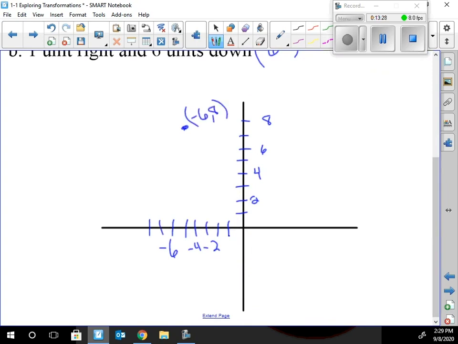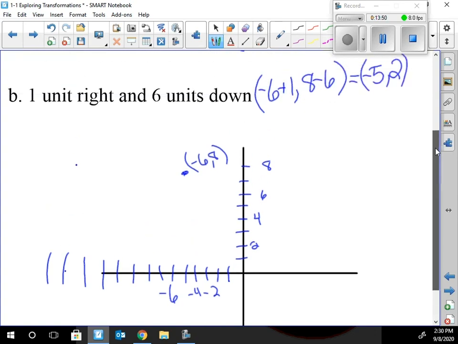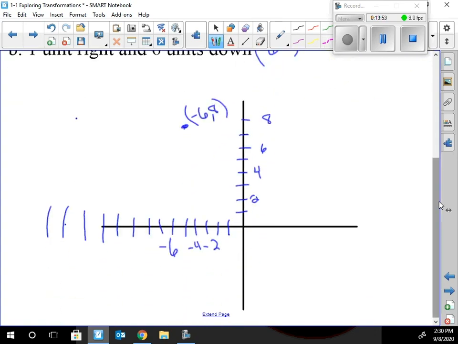That means I have to continue my lines over. So it's -7, 8, 13. So I went 7 units left. And then down 2 from this point. So I'm going to come down from 8 to 6. Or I think it was up 2. Up 2 from that point. So I come back to -13 and up 2. That's going to give me the same point I had previously graphed.